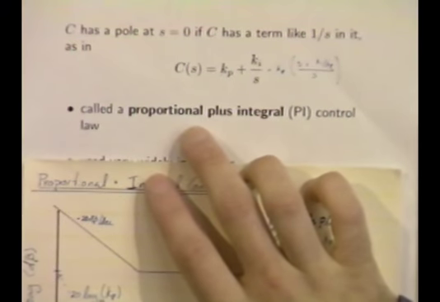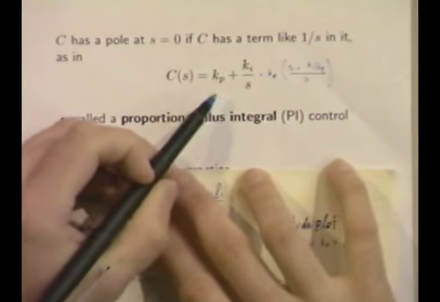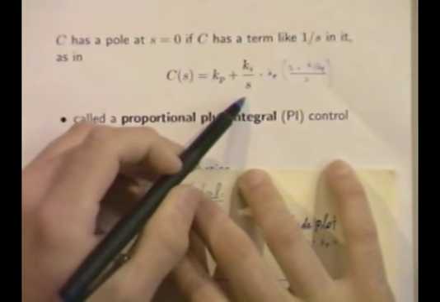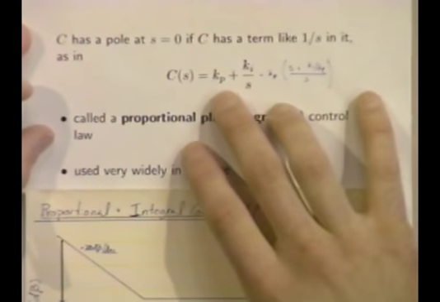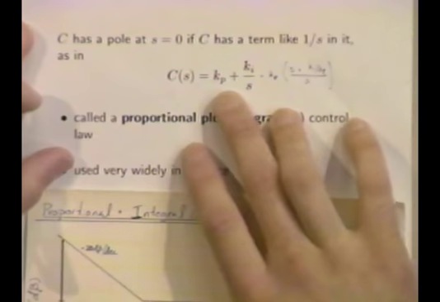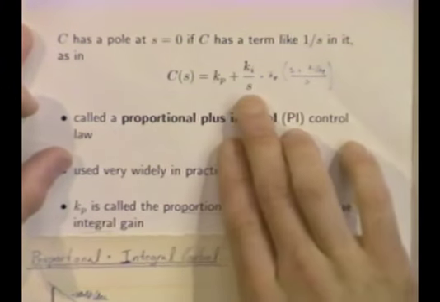So here's the controller architecture that we're going to study now. It consists simply of a proportional gain term and an integrator term. These two terms are given the names of proportional gain and integrator gain, or integral gain.